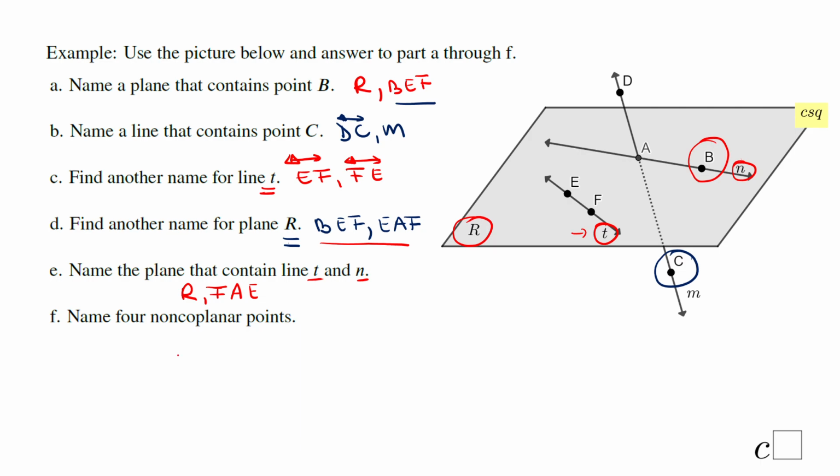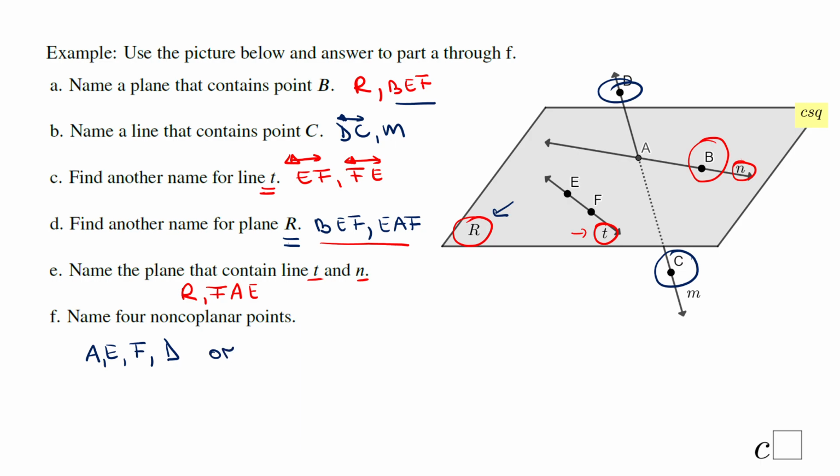Name 4 non-coplanar points, the last part of this problem. So let's name 3 points in this plane R, A, E, F, for example. These points are coplanar, and then pick one more point, D or C. So these 4 points are non-coplanar.